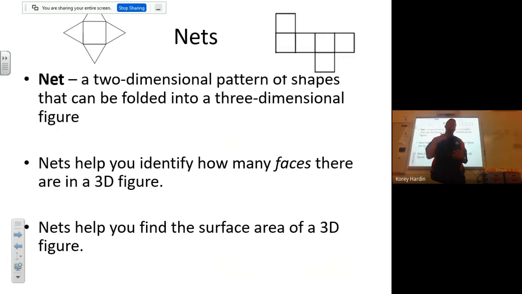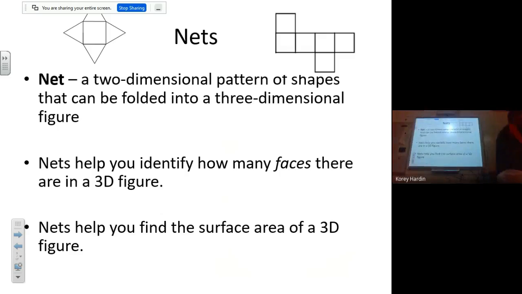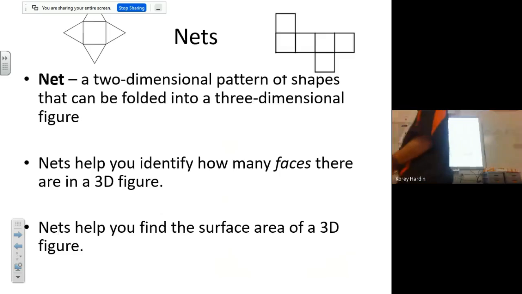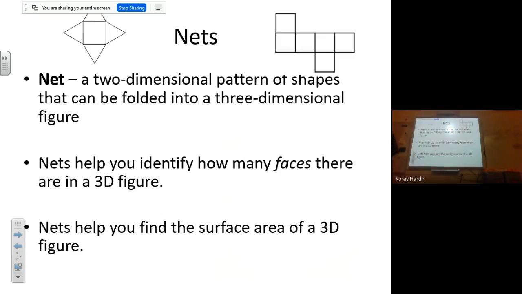But what that does is give me a good viewpoint of the whole shape, okay? So they help you to identify how many faces there are in a 3D figure, all right? And it also helps you to find the surface area of a 3D figure. So if you would, please go ahead and copy that down, and then continue the video once you are done copying.